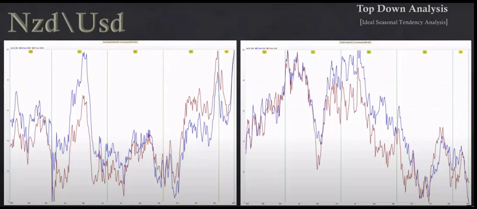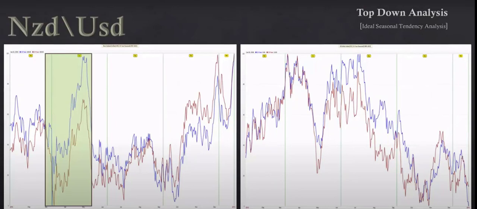Alright, okay, our next pair we are going to look at is the New Zealand dollar, or Kiwi, coupled with the dollar index. On the left-hand side is the New Zealand dollar futures contract seasonal tendency, and on the right-hand side, the US dollar index futures seasonal tendency.